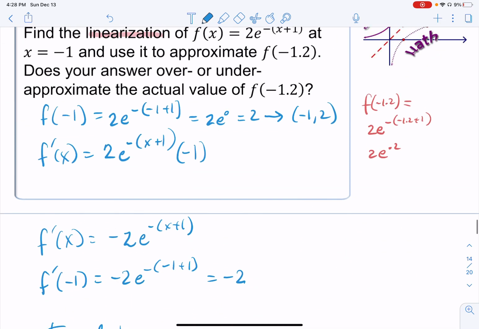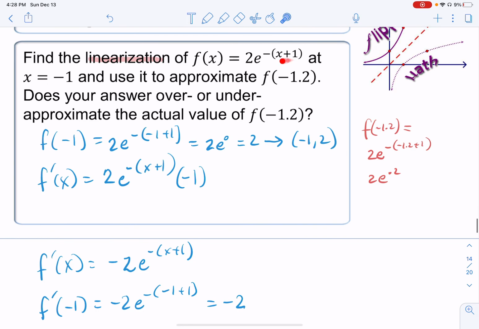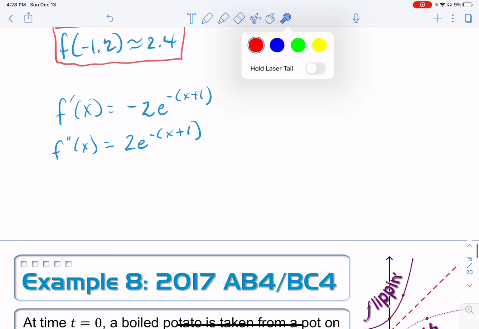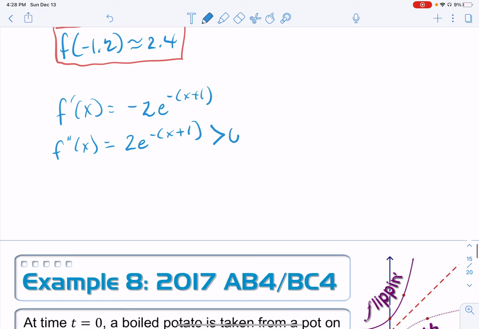So this function's original domain is all real numbers, exponentials. You can plug anything you want in for it. The thing about exponentials is that they have a horizontal asymptote, and so no matter what, even if it's exponential decay like this one, it's always greater than 0. It's always going to be positive for all real numbers.